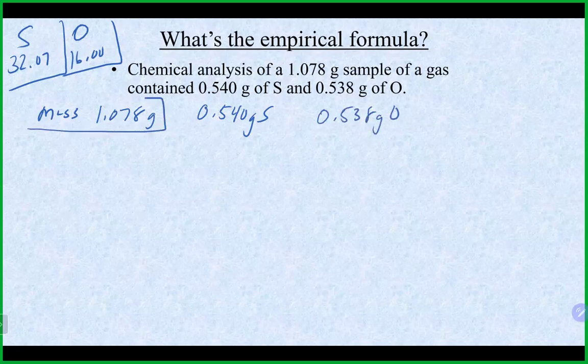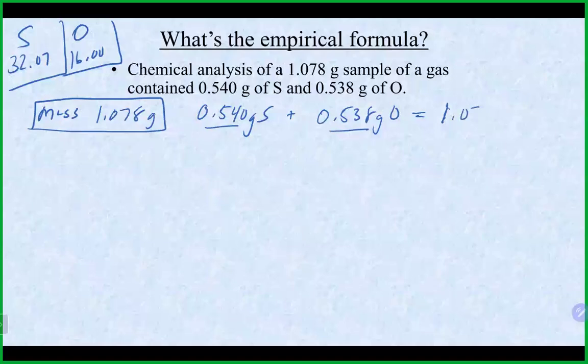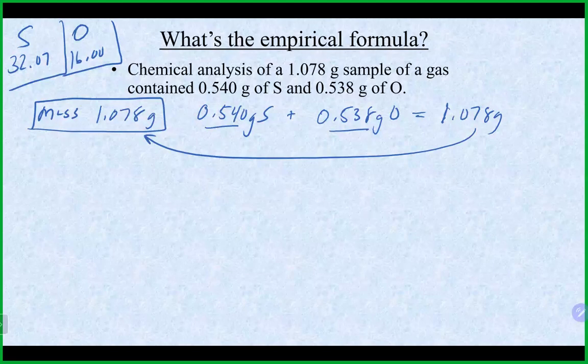So this is the total mass of our sample, and out of that sample we have this much of each element. You would want to give it a quick add and make sure it does equal that number, and it does in this case. So we're not missing any elements.